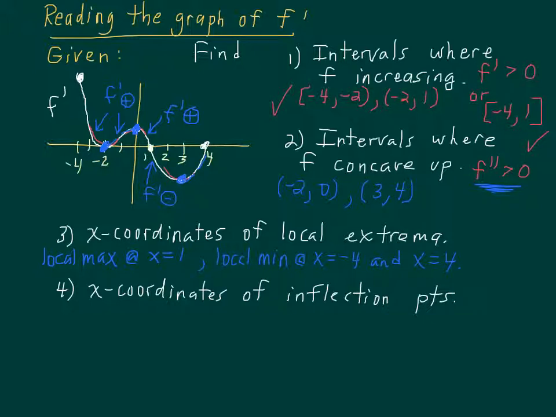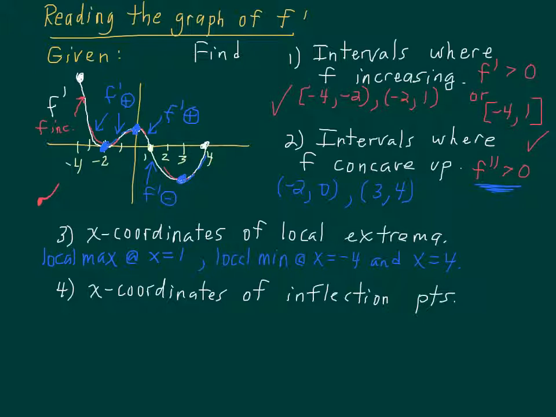And let's understand why. So let's first look over near -4. Okay, just past -4 here, we know that our first derivative is positive. Since the first derivative is positive, we know that f is increasing. So if you think about your f, okay, if f is increasing, it's going up like this, so at -4 you must have a local min.